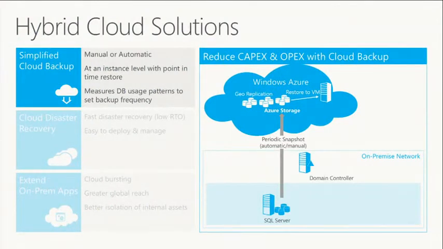One of the things we did is enable a feature that simplifies your backup. With SQL Server 2014 CTP1, you can create your database jobs and say, rather than backing up to a local database, I want to back up to Windows Azure Blob Storage.